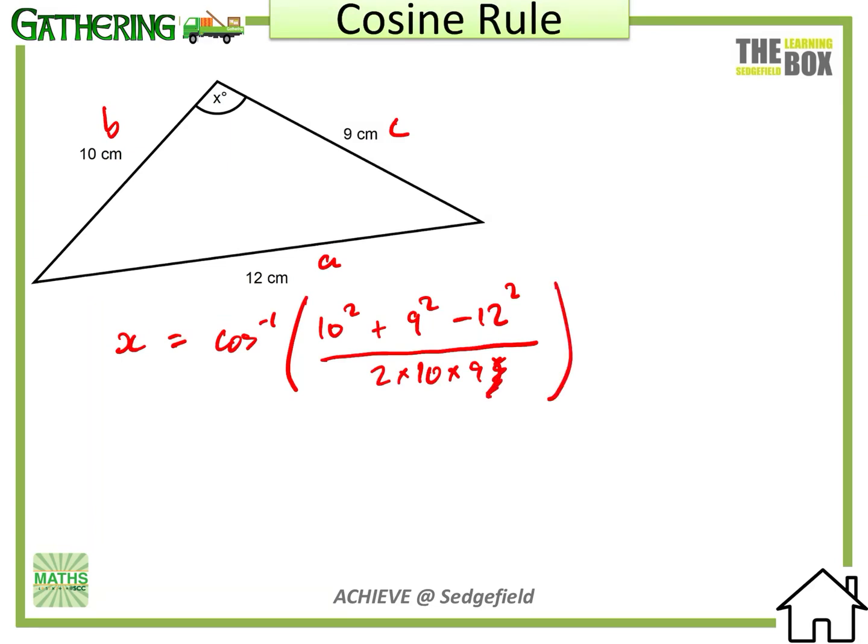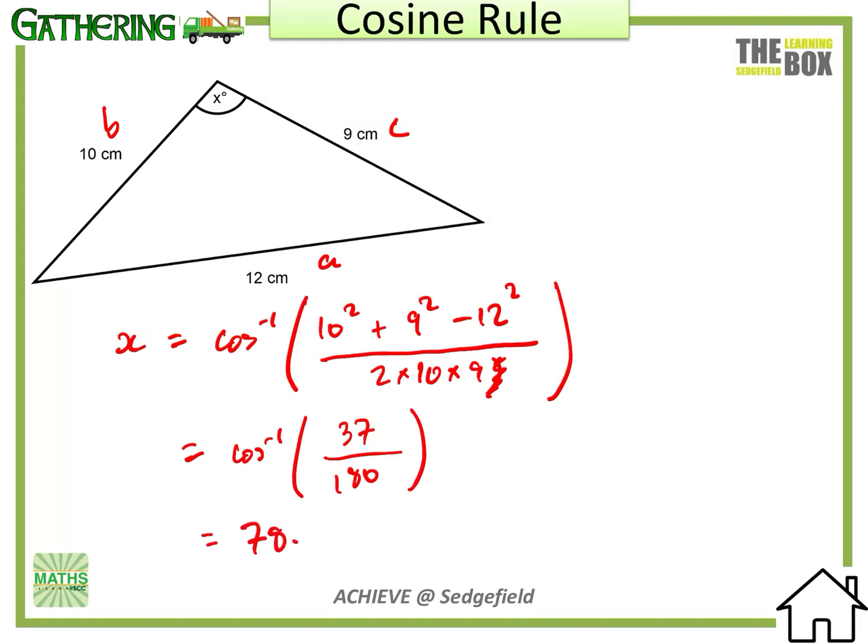Oops, sorry, bracket in the wrong place. Okay, and I think we'll find that that is 37 over 180. And so I can just directly put that into my calculator, shift cosine, and do it as a fraction, 37 over 180, because that way it'll be really accurate.